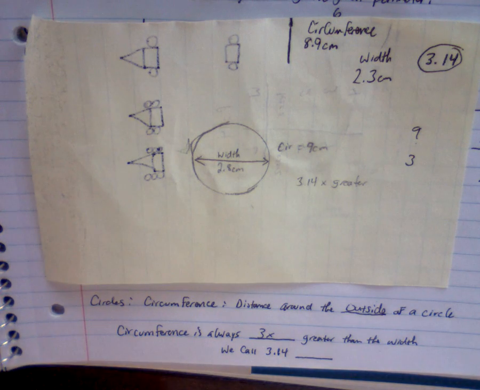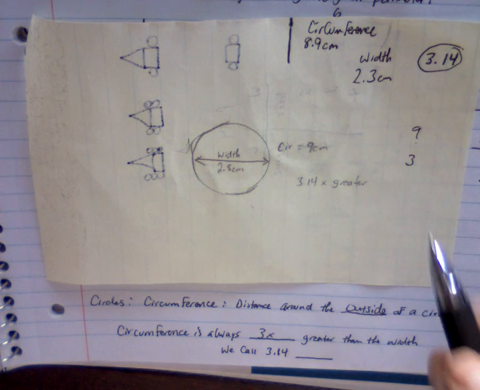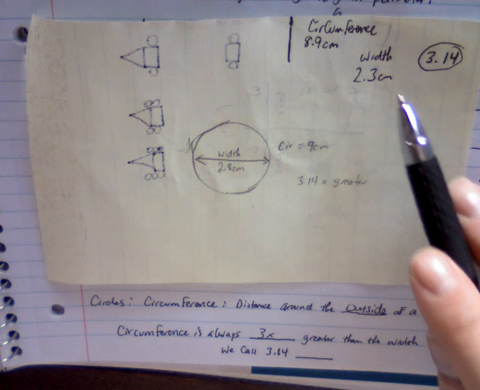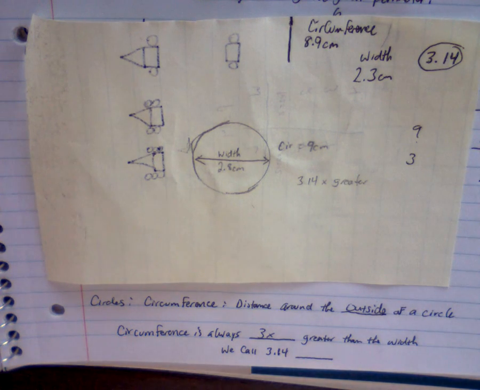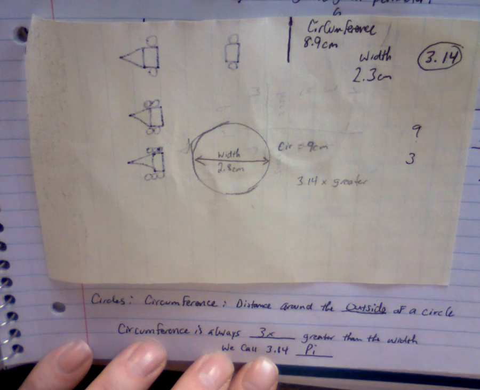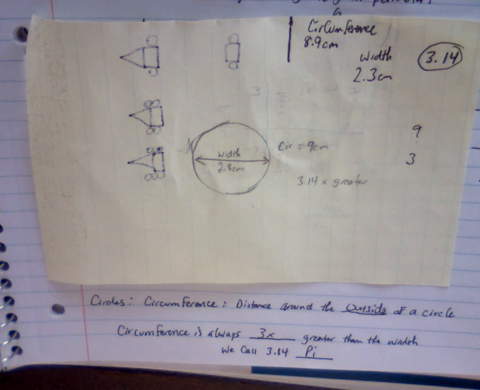So what that means is that there's a term that you probably have heard of, called pi, P-I. When we divide the circumference by the width, that relationship, that is always 3.14 times greater, we call that number pi. And that number pi represents the relationship or the ratio between the circumference and the width.